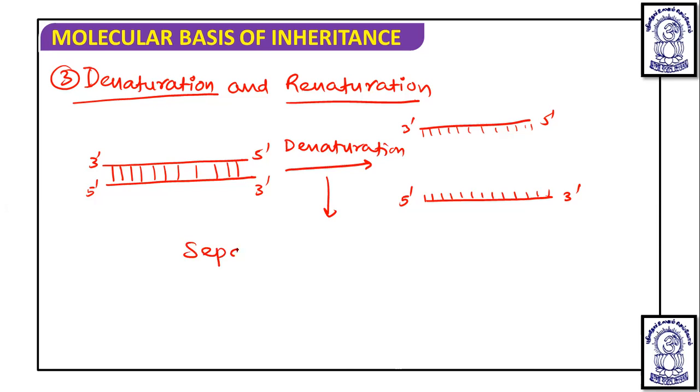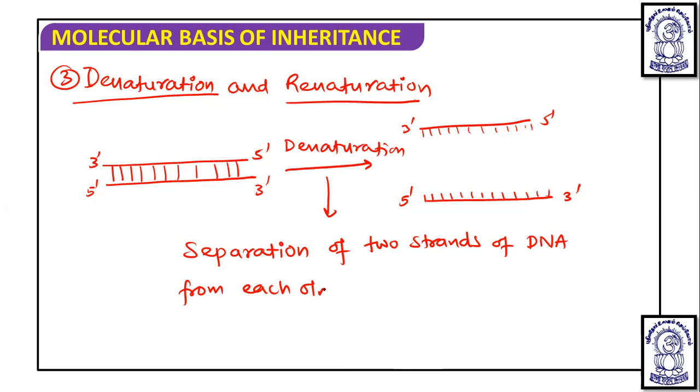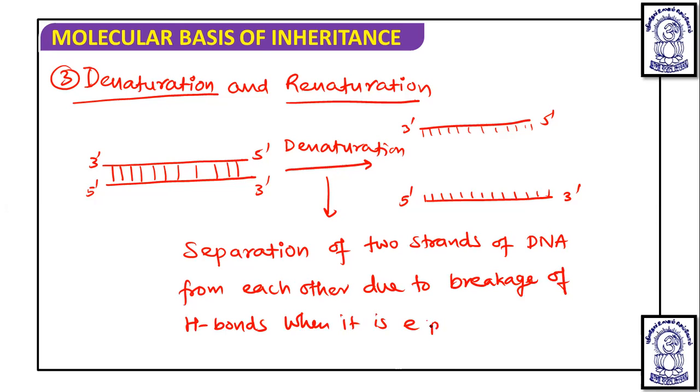It is the separation of two strands of DNA from each other due to breakage of hydrogen bonds when it is exposed to high temperature, acid, or alkali.